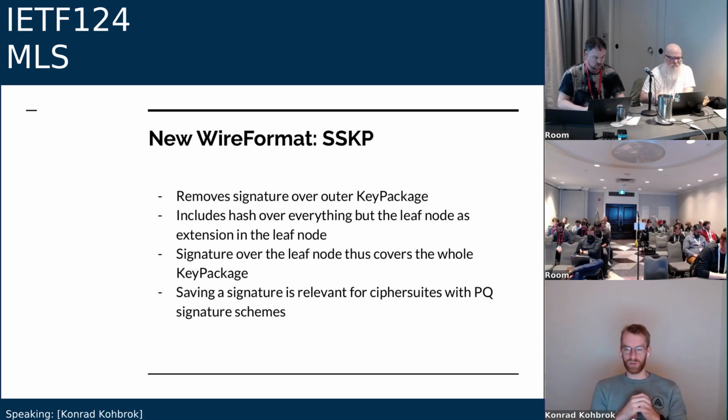The idea was to leave out the signature on the outside and instead compute a hash over just the shell and put that inside the leaf node. The signature of the leaf node would then, through this hash, also cover the outer wrapping, and we would save a signature. Although this is a new wire format, of course. Rowan.